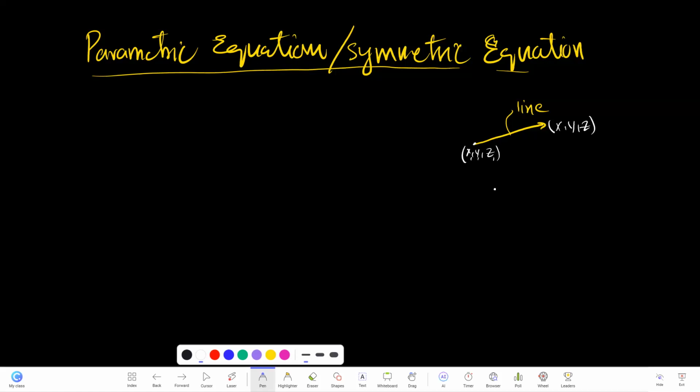And then I'm going to make another vector, and this vector I'm going to call V, and this vector has a, b, c. These are the components, remember, these are the components, these are the coordinates. That's why I'm making different parentheses. And then you write the equations like this.